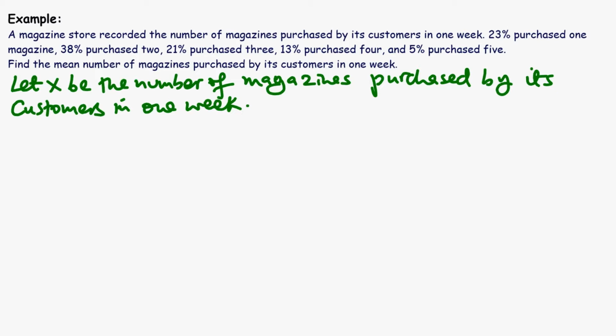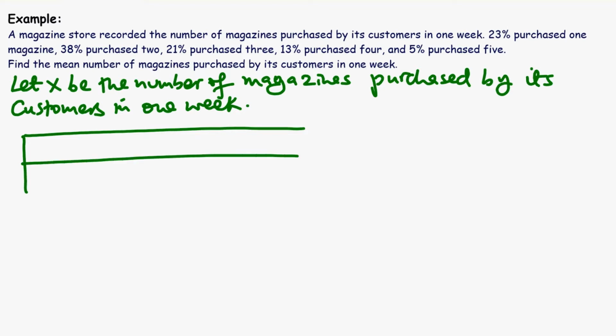All right, then we can represent this in a table. We shall have x and the corresponding probabilities.